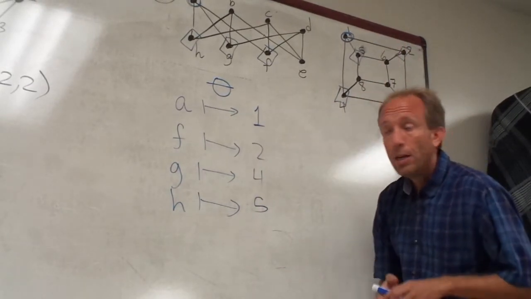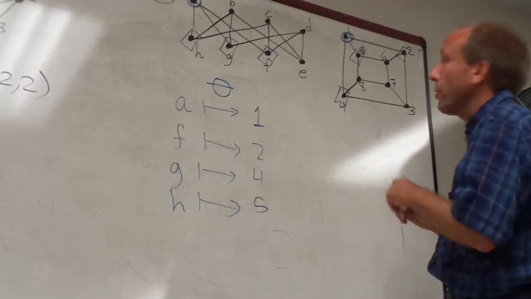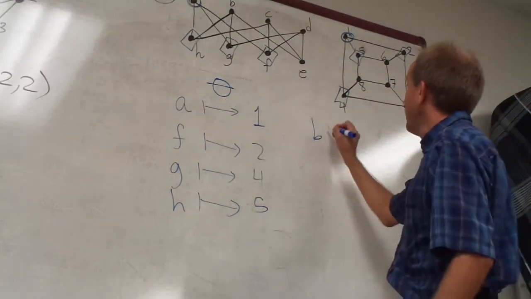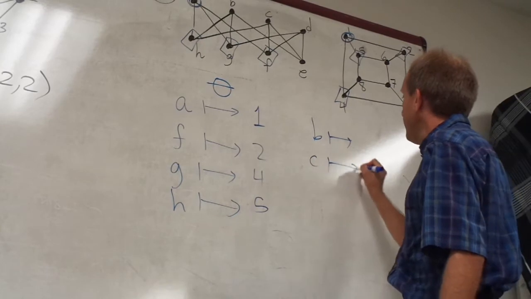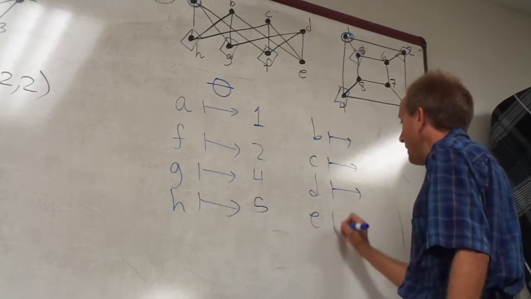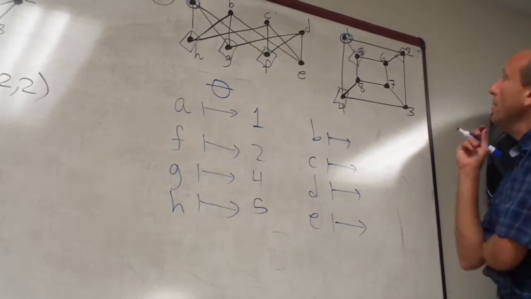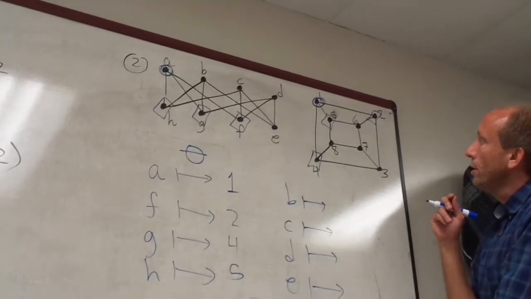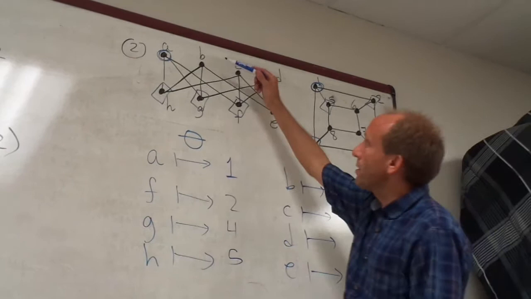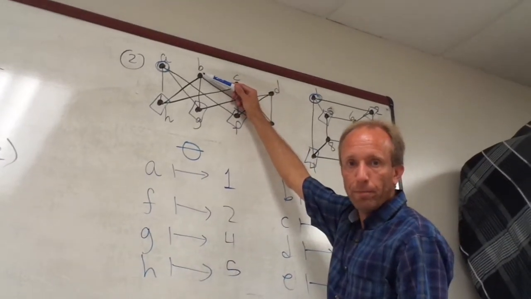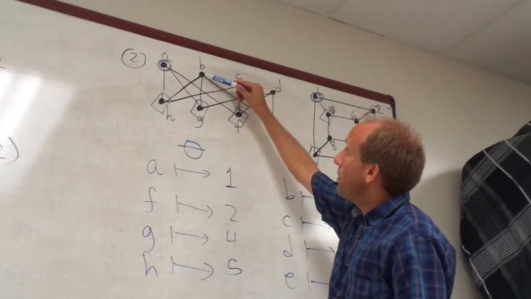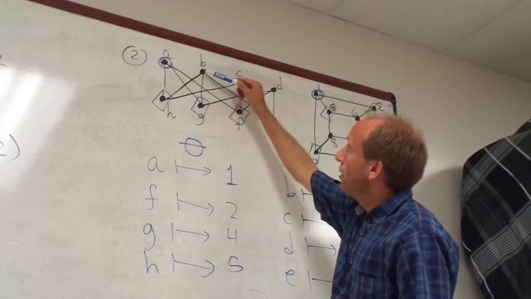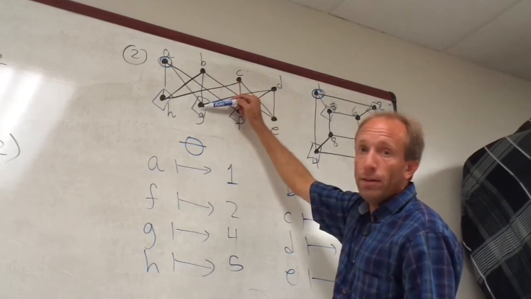So far, so good? So we have 4 other letters to look at, which are B, C, D, and E. Now, here's a neat way to think about this. Look at vertex B with me real quick. Do you see that vertex B is connected to both H and G?